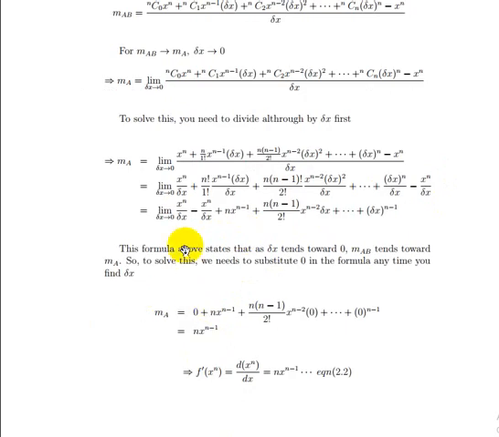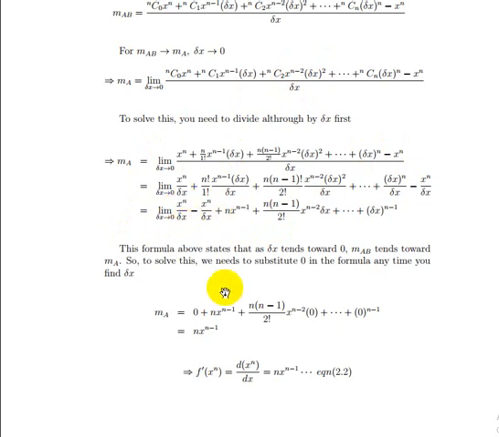Now, in order to solve the limit as delta x tends towards 0, we are going to substitute 0. Initially we didn't substitute 0 underneath here because it would be impossible, and we don't want an impossible limit. So we first expand, and then we put the value 0 inside.